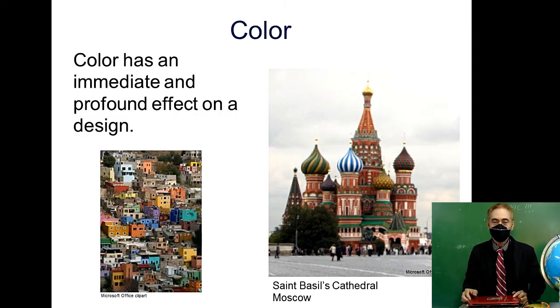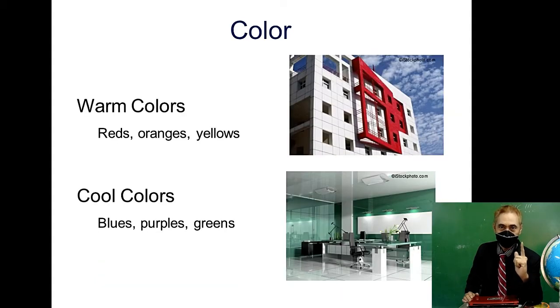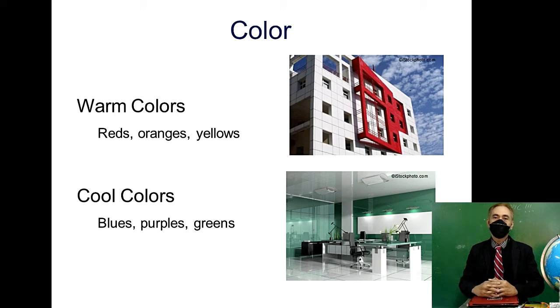Color. Color has an immediate and profound effect on a design. It's like these houses in Mexico and St. Basil's Cathedral in Moscow. It uses intense color and it has an effect on a human. Warm colors like reds, oranges, and yellows have a very stimulating effect.